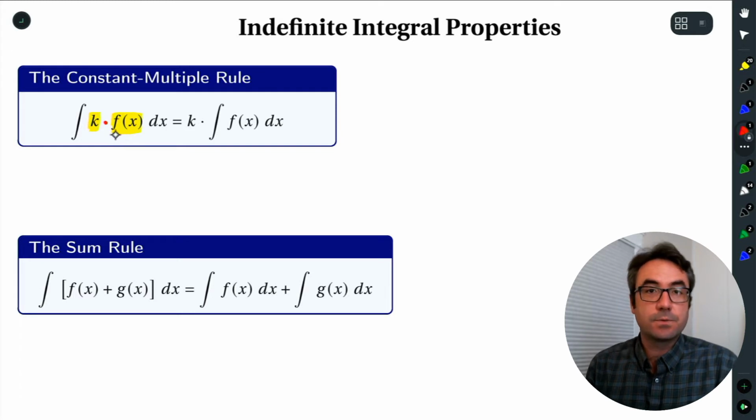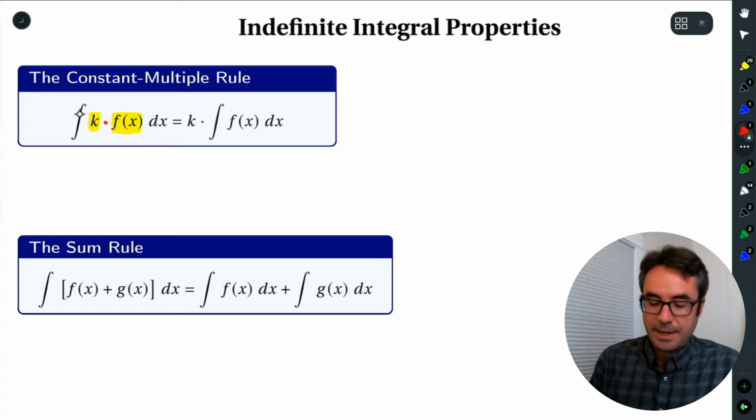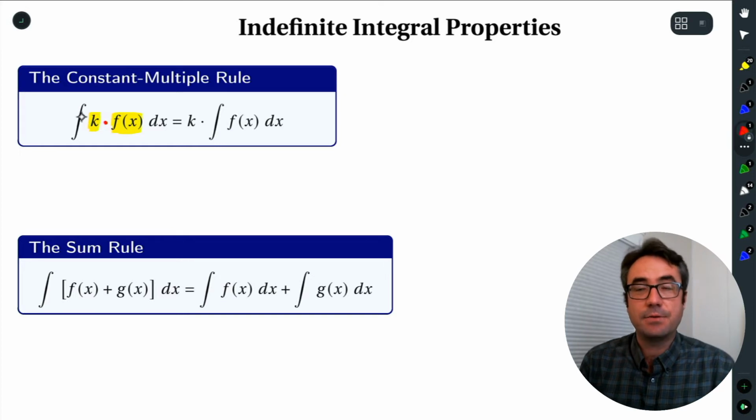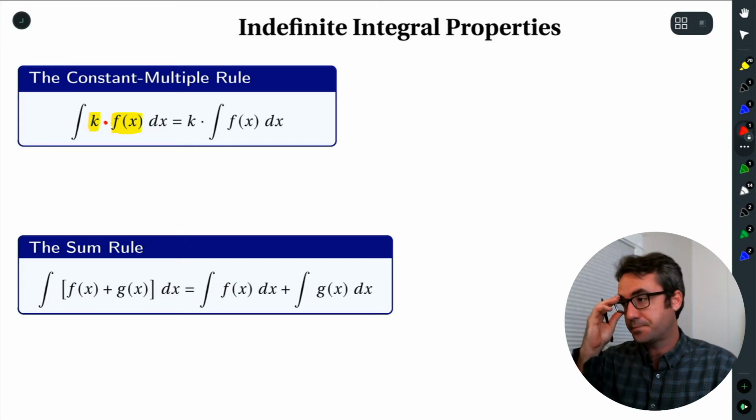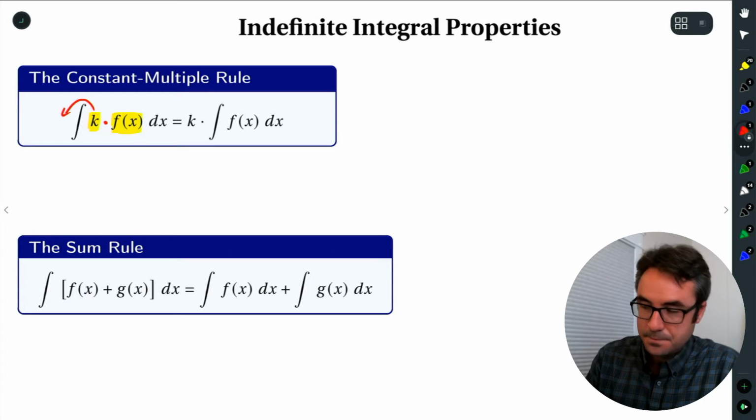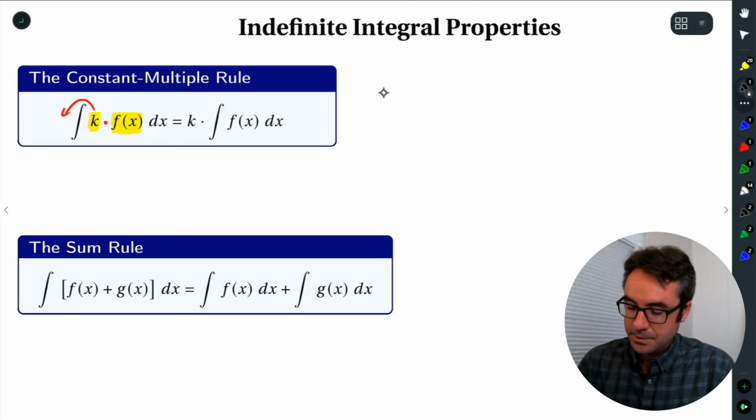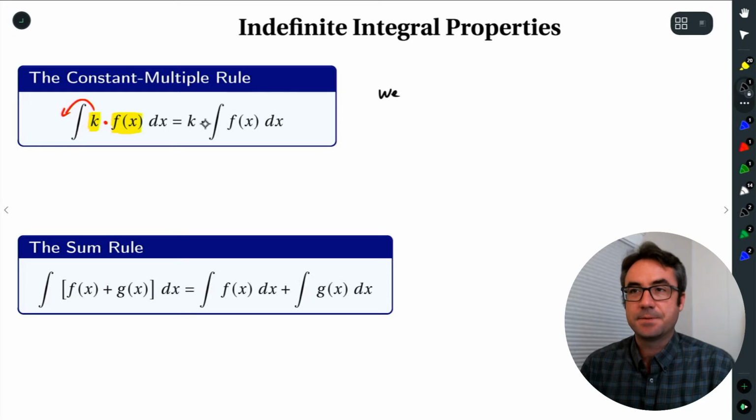And so what this rule says is that this constant k, we can think of it as just bringing out in front of the integration sign. So if we were integrating constant k times f of x, another way to do it is to first integrate f of x, focus in on those variable parts, get the antiderivative for them, and then just multiply your result by k.